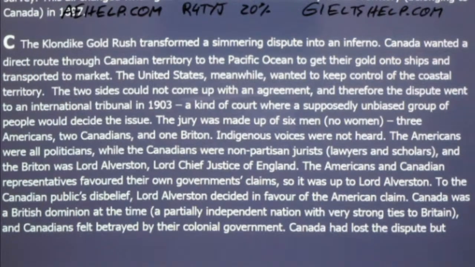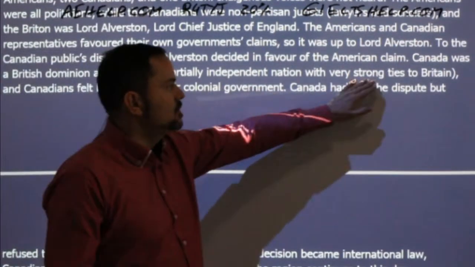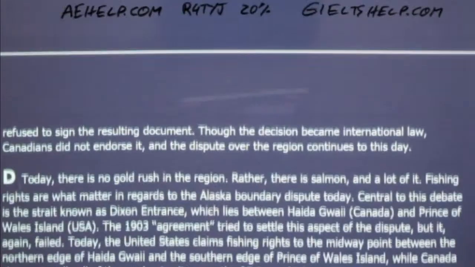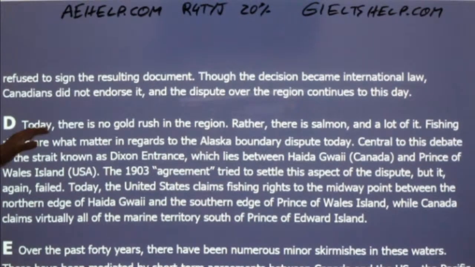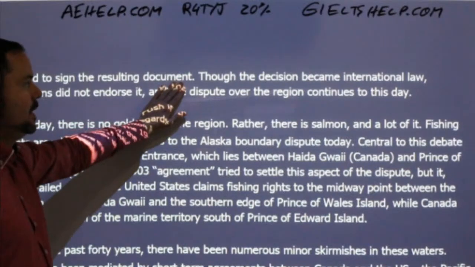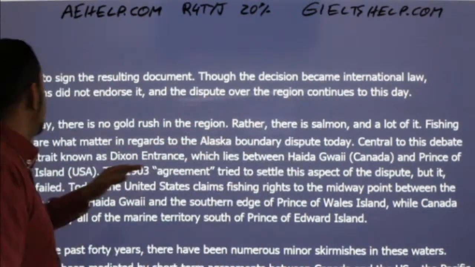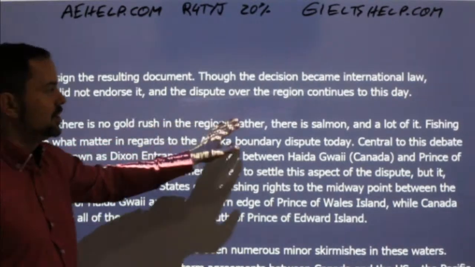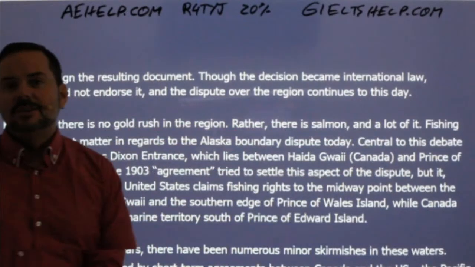Canada was a British dominion at the time, a partially independent nation with very strong ties to Britain, and Canadians felt betrayed by their colonial government. Canada had lost the dispute, but refused to sign the resulting document. Though the decision became international law, Canadians did not endorse it, and the dispute over the region continues to this day.